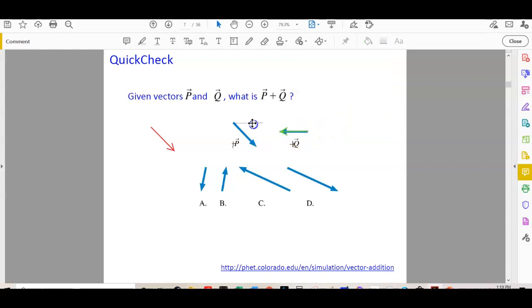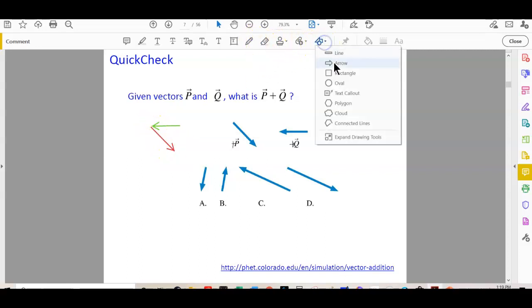So this is Q. Again, it doesn't matter the way that you do it. So let's put the head of Q to the tail of P. All right. Well, the resultant vector of that, so you started here, you walked just to the left, and then you walked down and to the right.